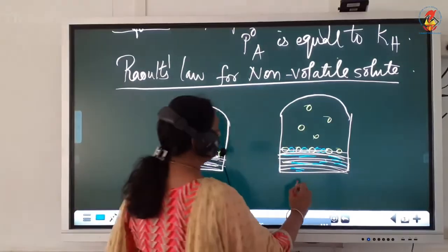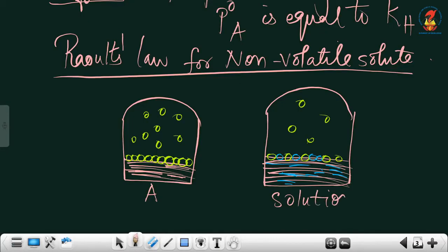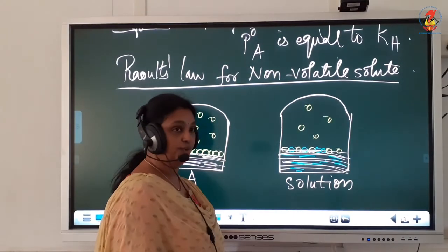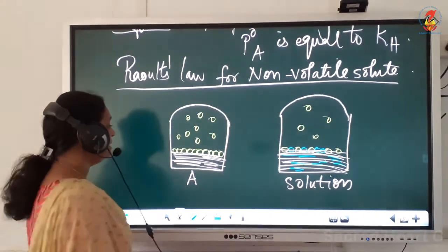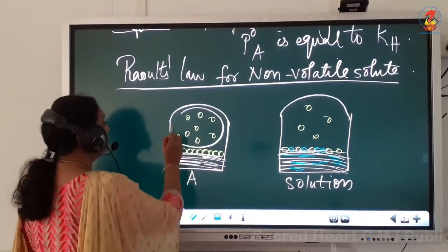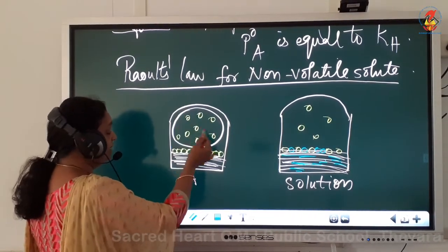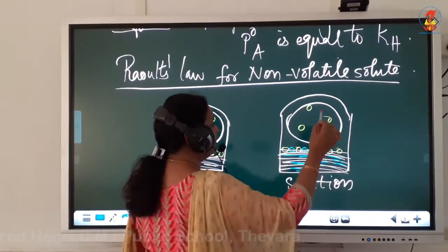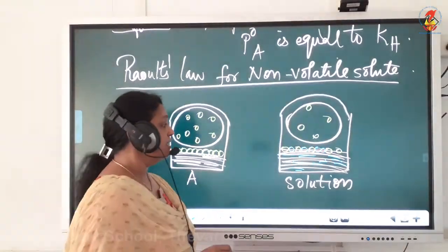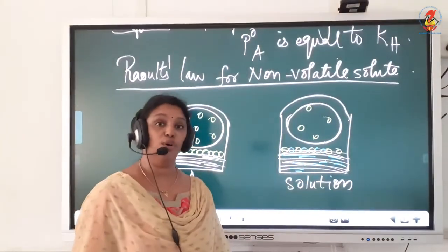So this is now a solution. Solution means we have the solvent plus solute inside this container. So we can see whose vapor pressure is higher. This is the vapor pressure due to solvent alone. You can see more number of vapors are present. So the vapor pressure will be higher in this container. And here the number of solvent molecules in vapor state is less, because some of the positions of the solvent molecules are occupied by solute particles which are non-volatile.